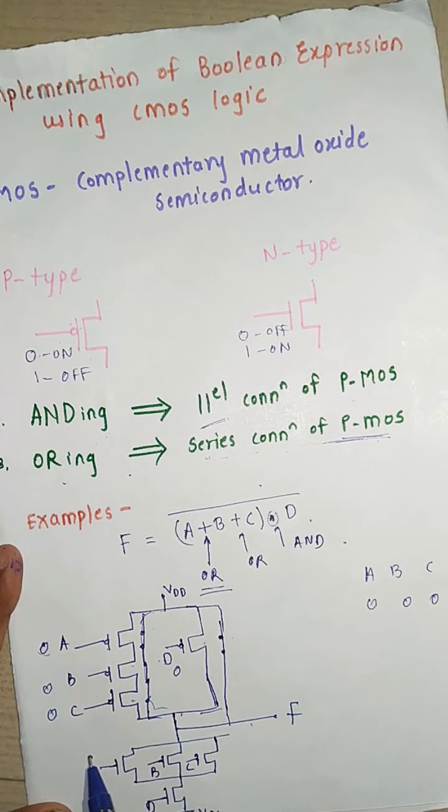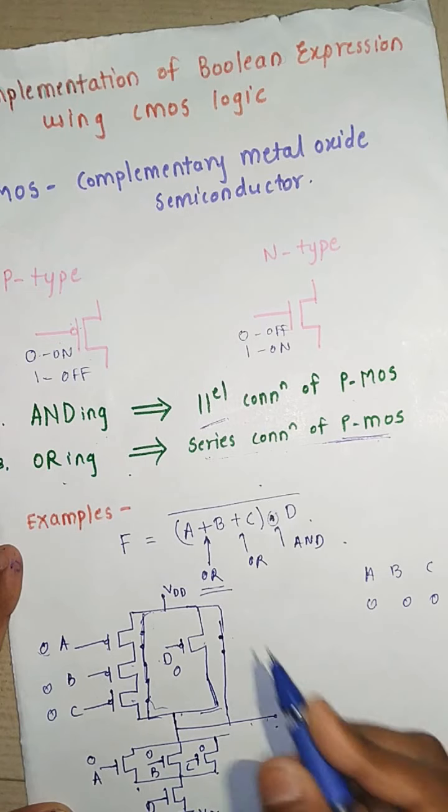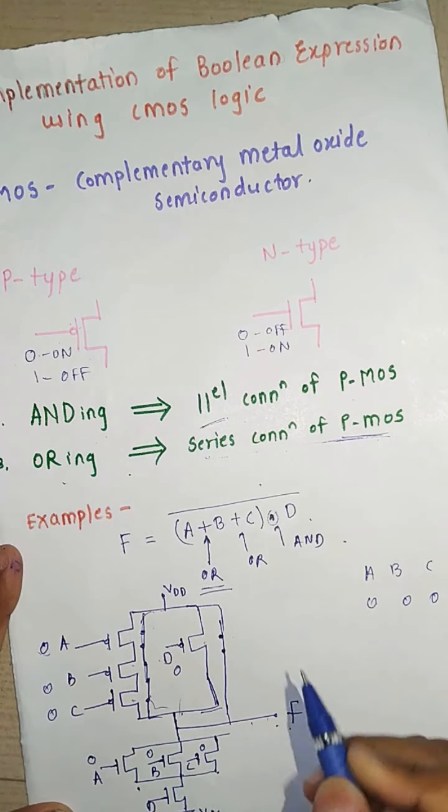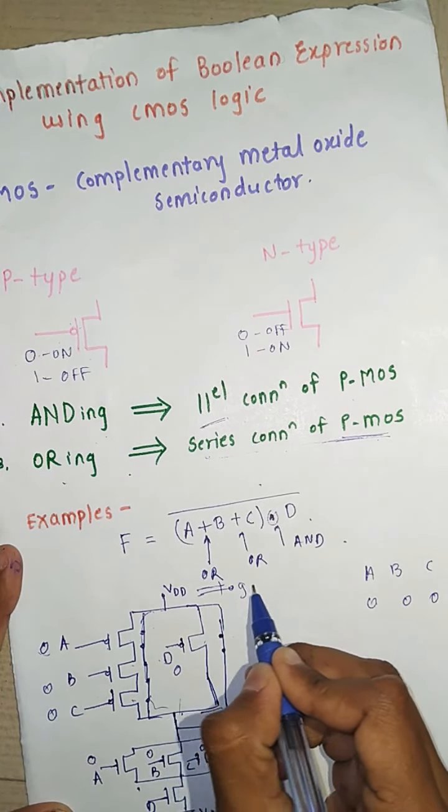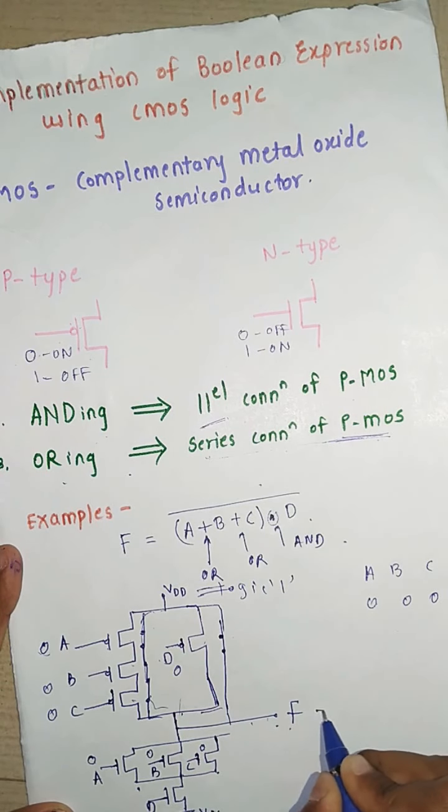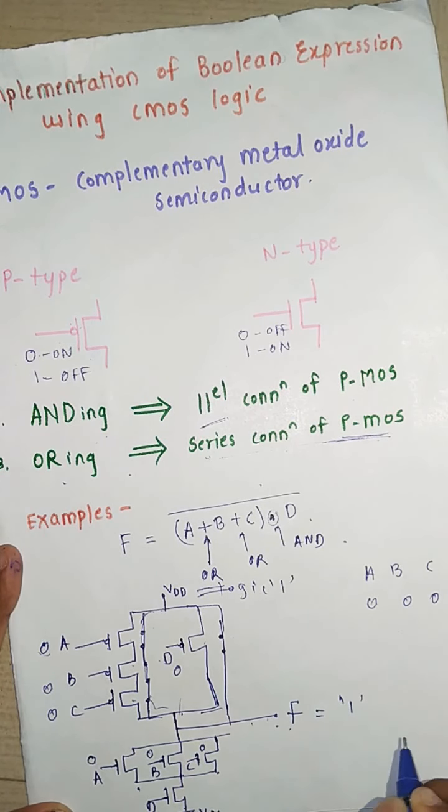Whenever we apply 0 to the base of the N type MOSFET, we know that it acts as an open circuit. So here is an open circuit, open circuit, open circuit. So there is no connection between VSS and output, and here is a closed path. So VDD is nothing but logic 1. So we'll get output 1 here.